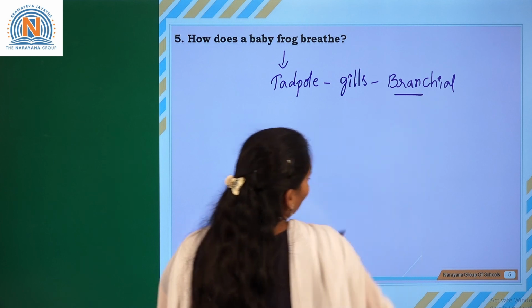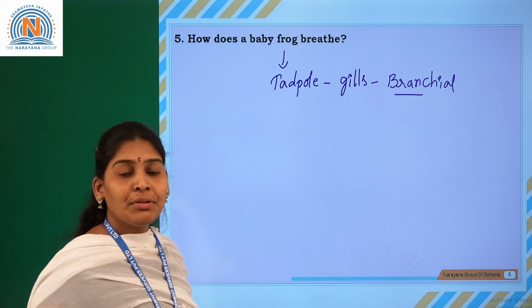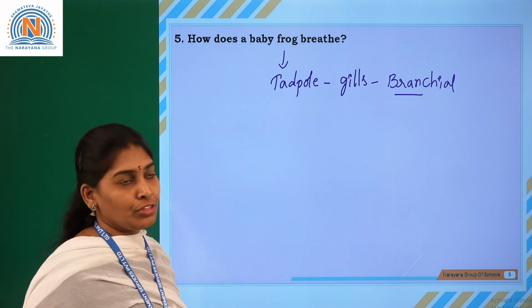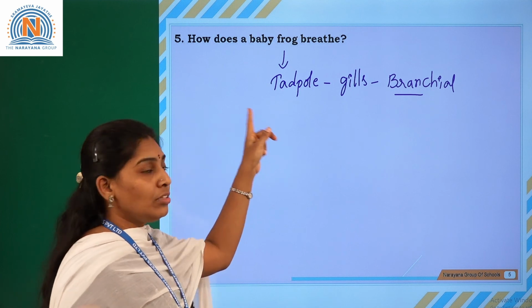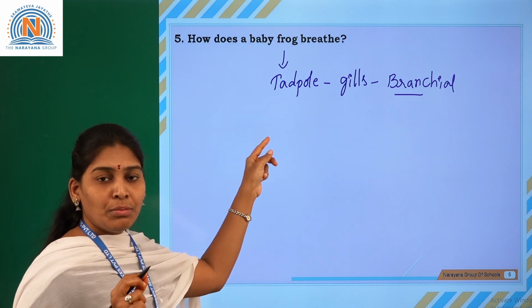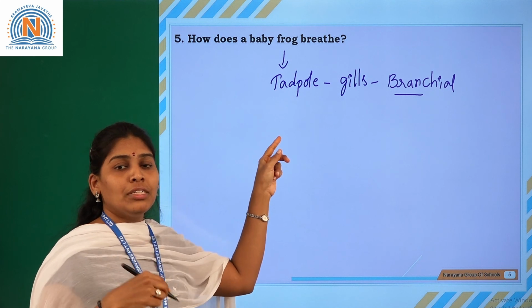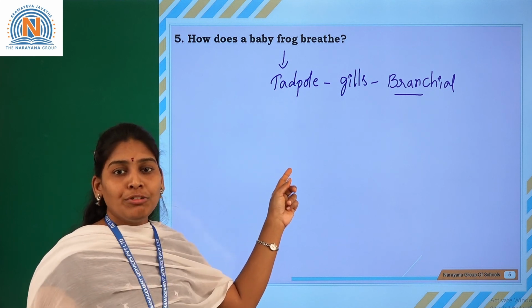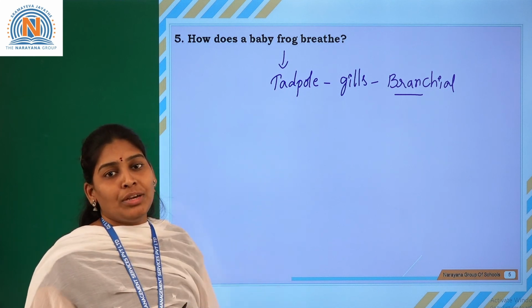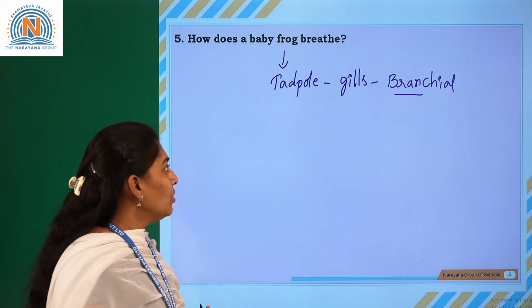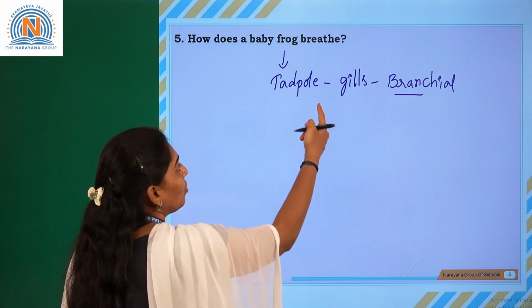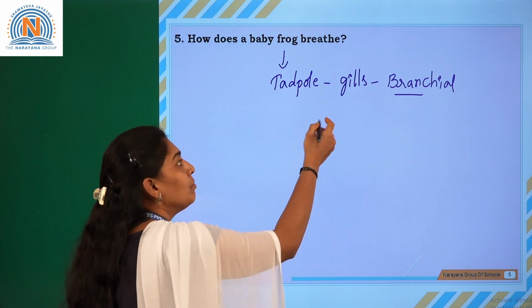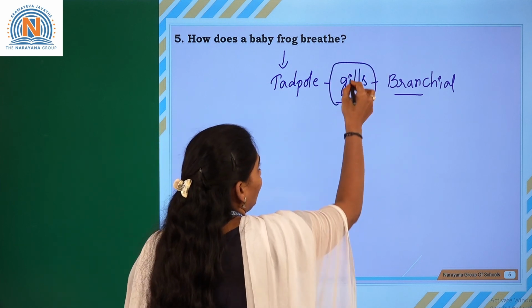Try to understand that bronchial is different from branchial respiration. After metamorphosis, these tadpoles develop into an adult frog. So a baby frog respires by the gills itself. This is the answer.